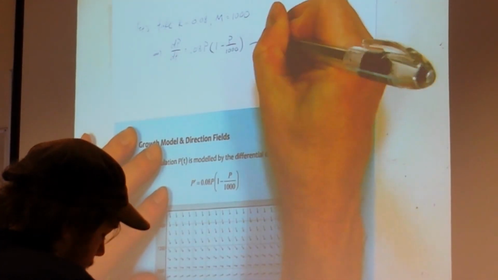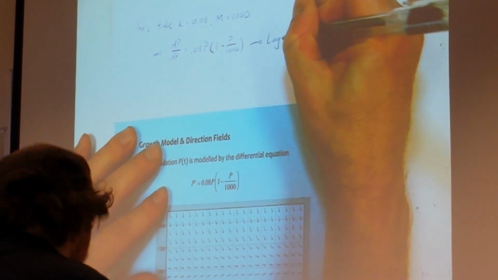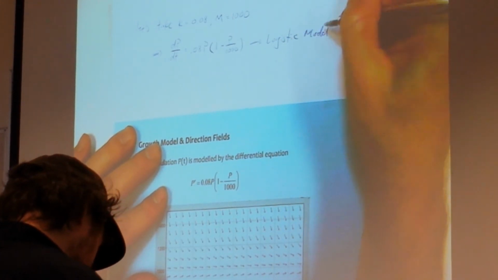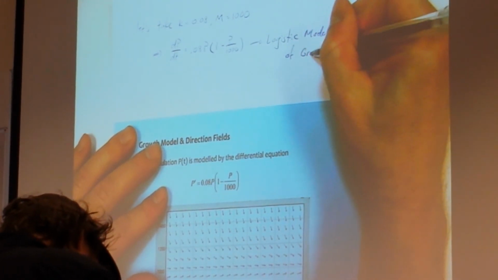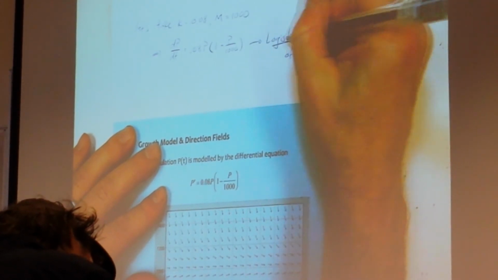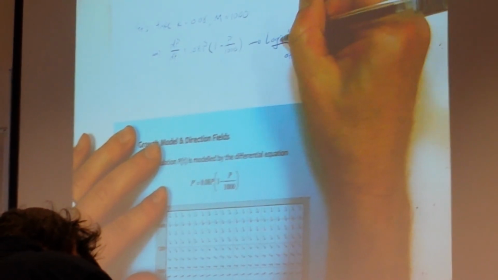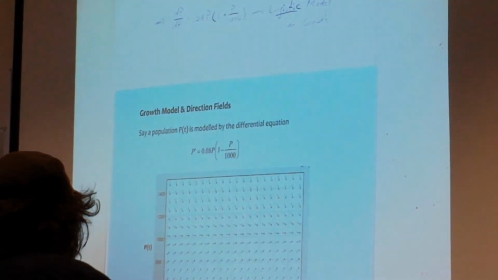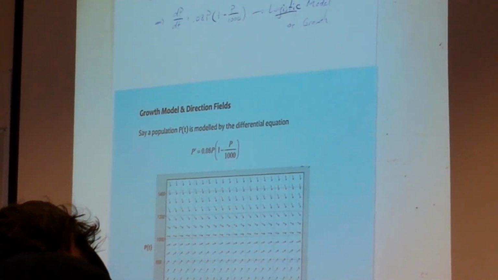So yeah, this is just called the logistic model for growth. All right, so you don't see it with the popular types of growth like exponential or quadratic functions. The solution to this is a pretty complicated type of curve, okay?